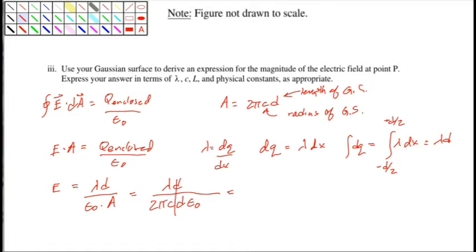What we're left with is that the magnitude of the electric field at point P is equal to lambda divided by 2 pi c epsilon naught.